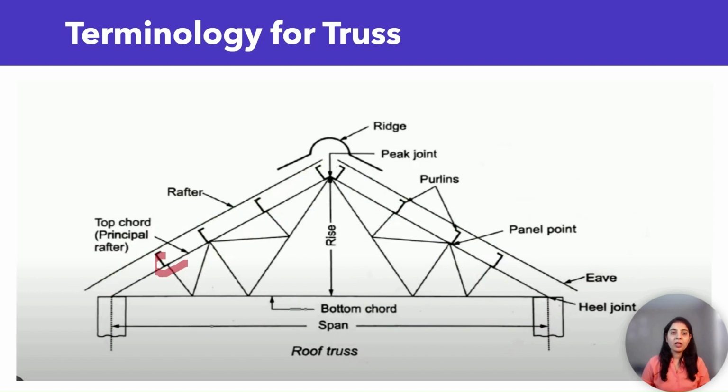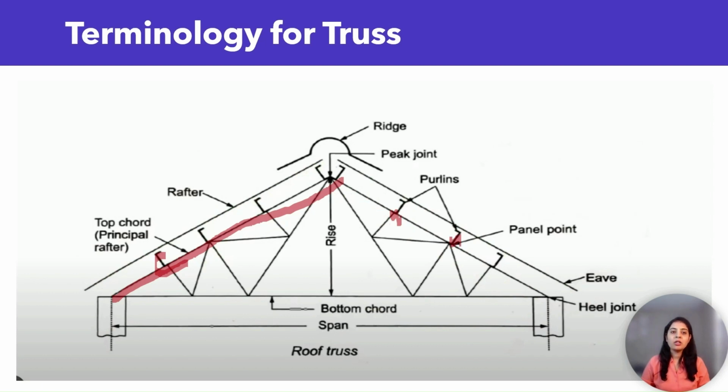These span from truss to truss and are subjected to transverse loads, and they rest on the top chord of the roof truss and carry the load of roof covering material and transfer it to panel joints. These are the panel joints.